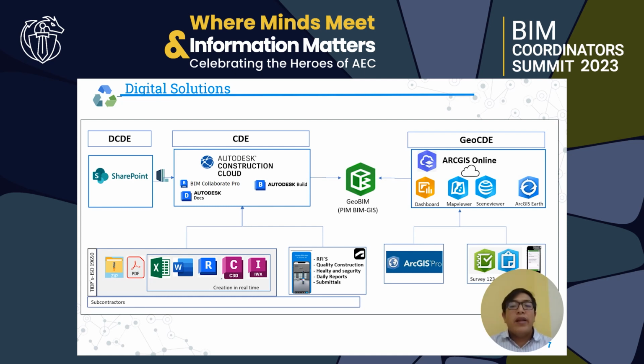The mobile applications Survey123 and Field Maps support us to move information directly linked to disciplines such as land acquisition problems, archaeology, and environmental permits during RIBA 3, 4, and 5. The Autodesk mobile application ACC app helps a lot to digitize information during RIBA 4, 5, and 6.